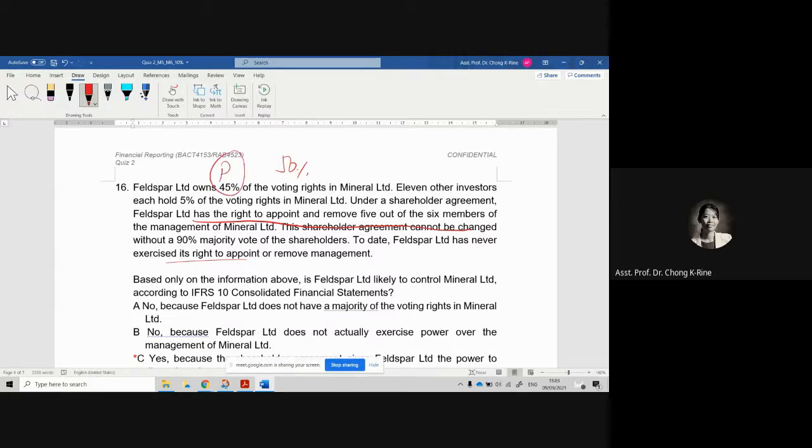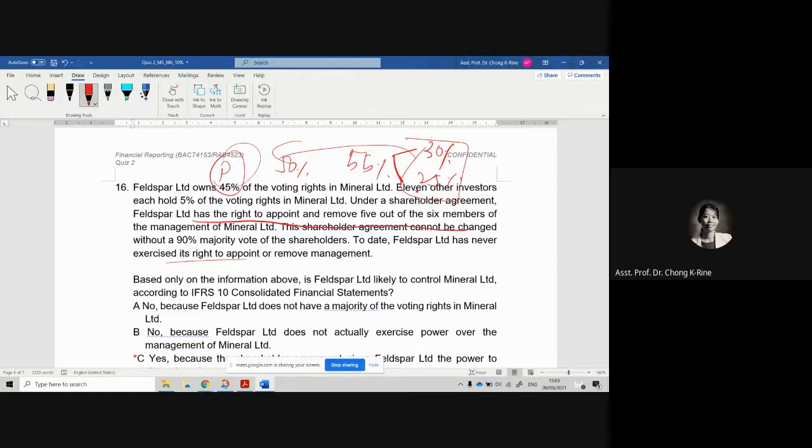And then there's another scenario in the study guide, say we own 45%, and then the remaining 55% owned by two other shareholders, let's say one owns 30%, another one owns 20%. Then this one is very difficult. It depends, because if these two shareholders combine together, they can actually fight and override the decision.